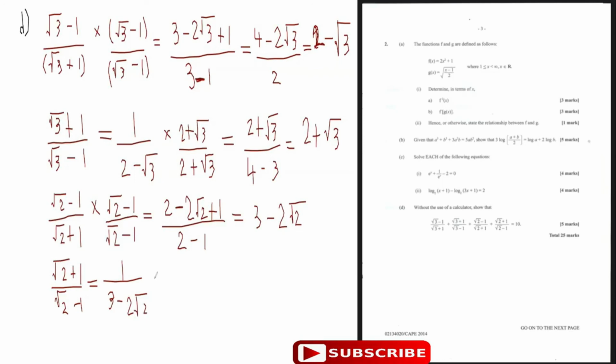So all I need to do is multiply by the conjugate of 3 minus 2 root 2, which is 3 plus 2 root 2 over 3 plus 2 root 2.